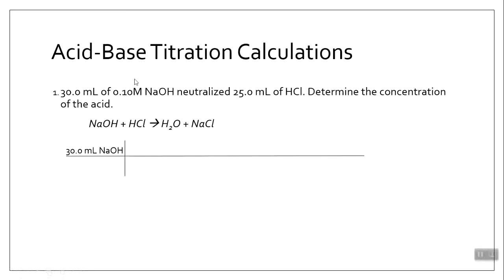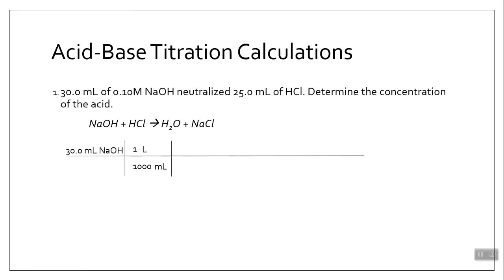So remember that molarity is moles per liter, right? But we're given a volume of milliliters, so we want to go ahead and convert our volume to liters. So we're going to bring down milliliters, and liters will go up, and we have 1,000 milliliters is equal to 1 liter.